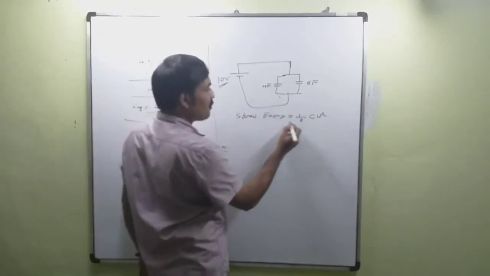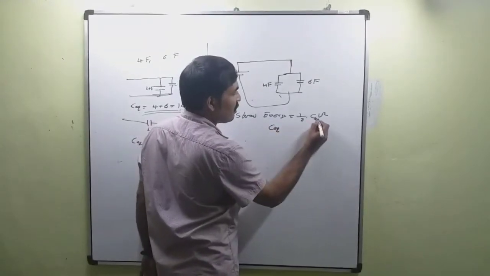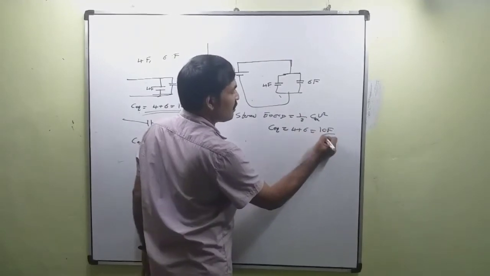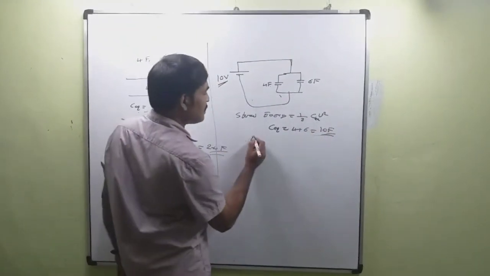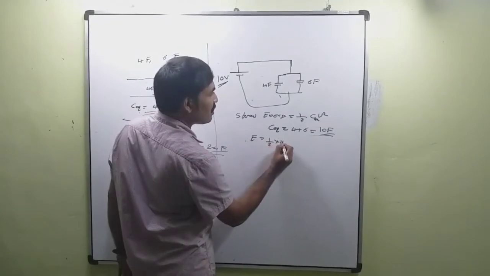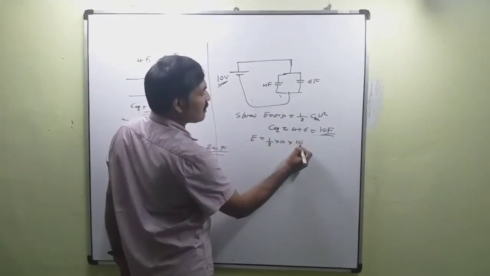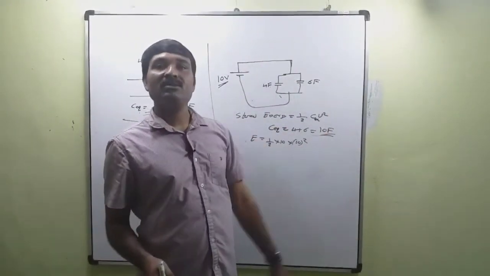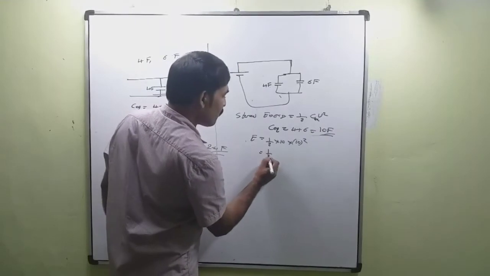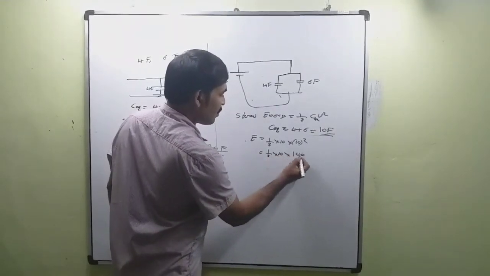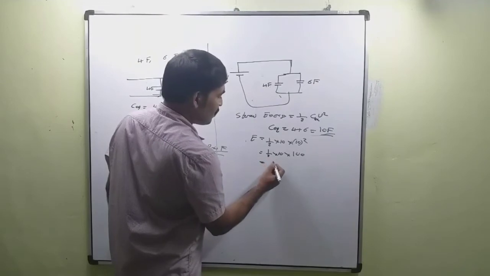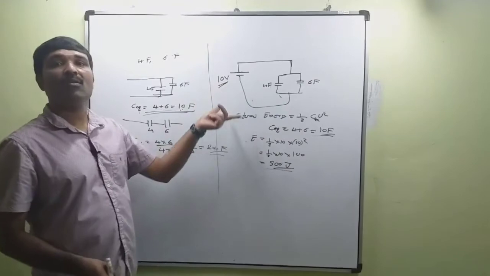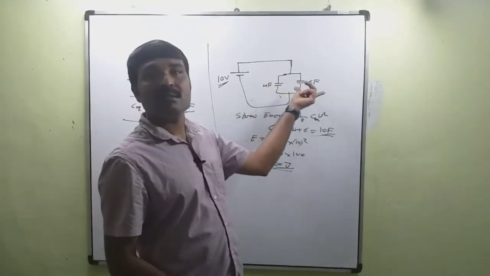For parallel connection, C equivalent is equal to 4 plus 6, that is equal to 10 farad. Now, the stored energy E is equal to half into 10 into V square, here V is 10. Since it is a parallel connection, the voltage across each element is 10 volt. This is equal to half into 10 into 100, that is equal to 500 joule. So, for this problem, 500 joule is stored in these capacitances.